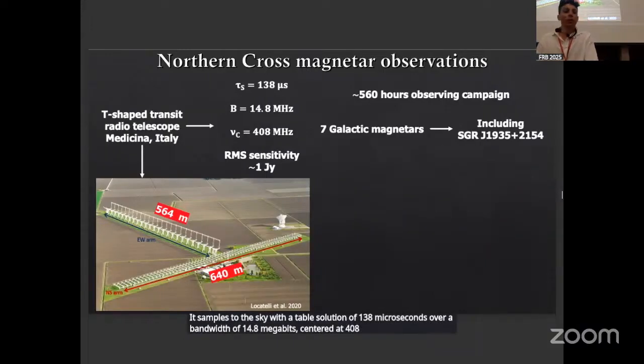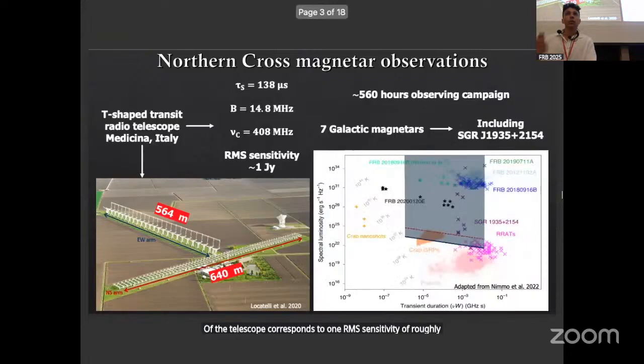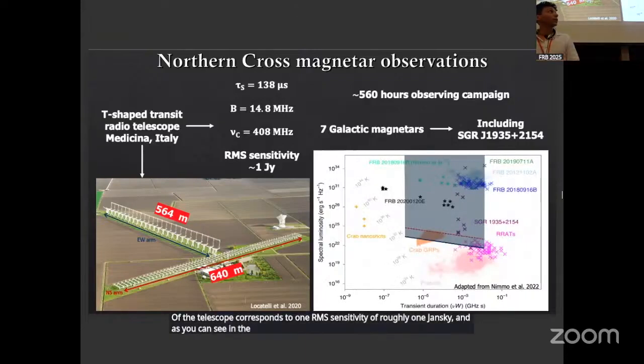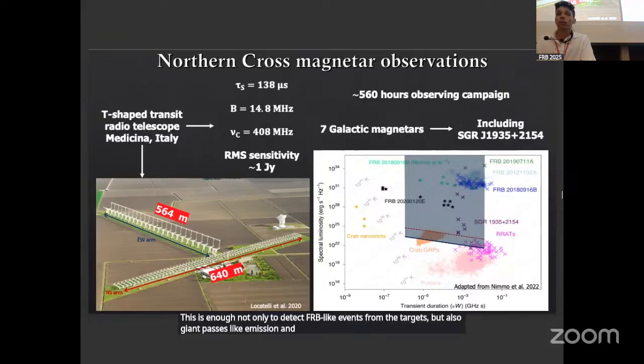The current configuration of the telescope corresponds to an RMS sensitivity of roughly 1 Jansky, and as you can see in the dark region of the plot, this is enough not only to detect FRB-like events from the targets, but also giant pulse-like emission and the most energetic pulses from pulsars and rotating radio transients.